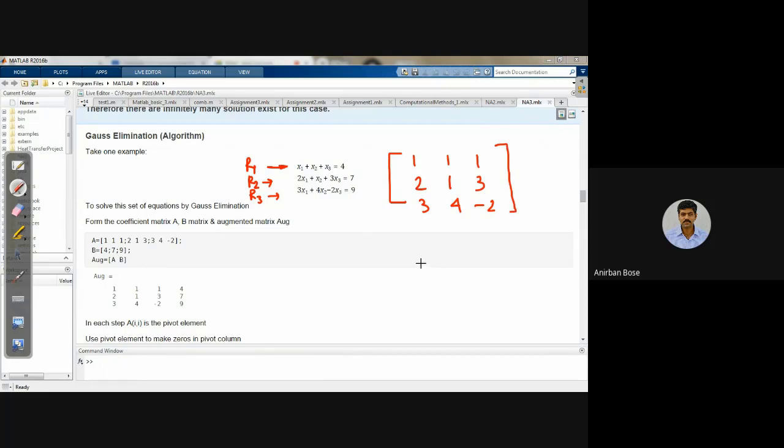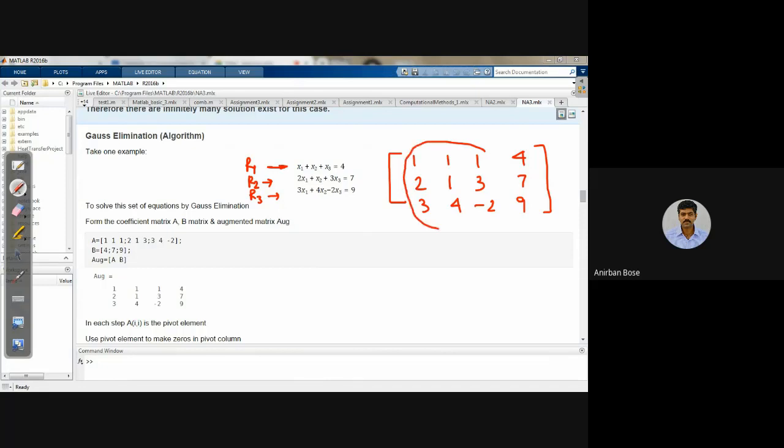Okay, we'll always do everything with the augmented matrix, which has 4, 7, 9 as the last column. The basic idea is that first of all we'll try to convert this part into an upper triangular matrix.